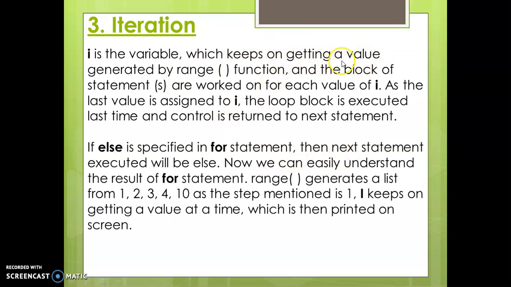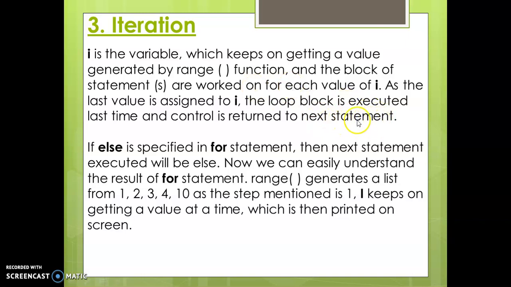It keeps getting a value generated by the range function. The block of statements works for each value of i, and the last value will be assigned to i. The loop block is executed the last time and control is returned to the next statement.